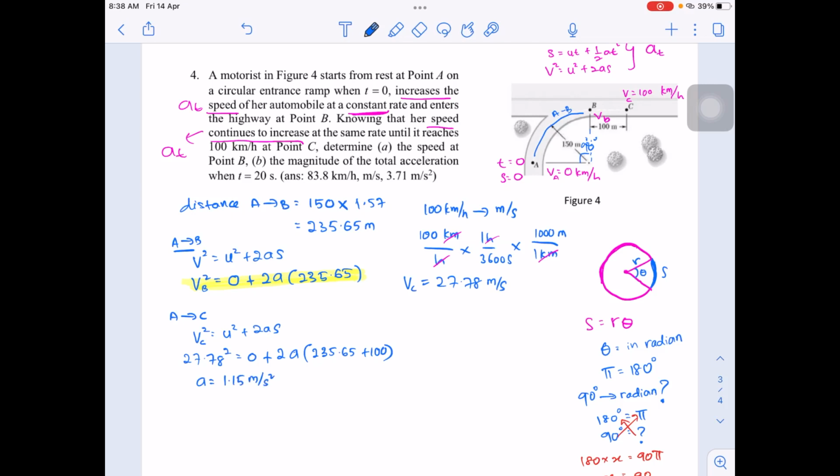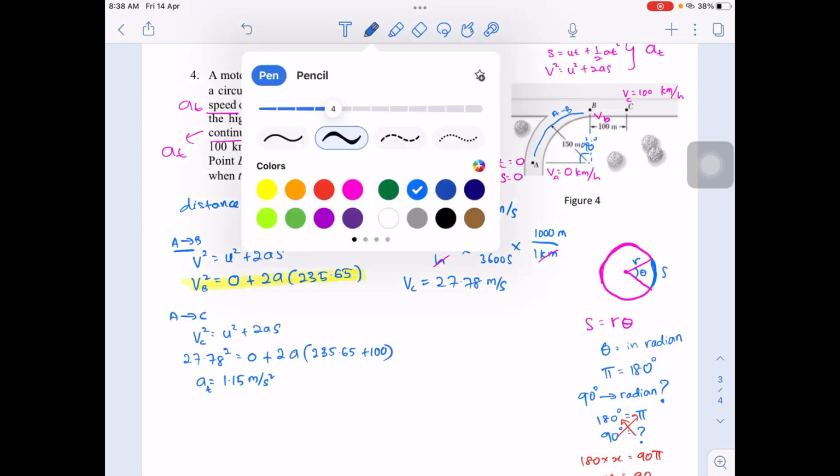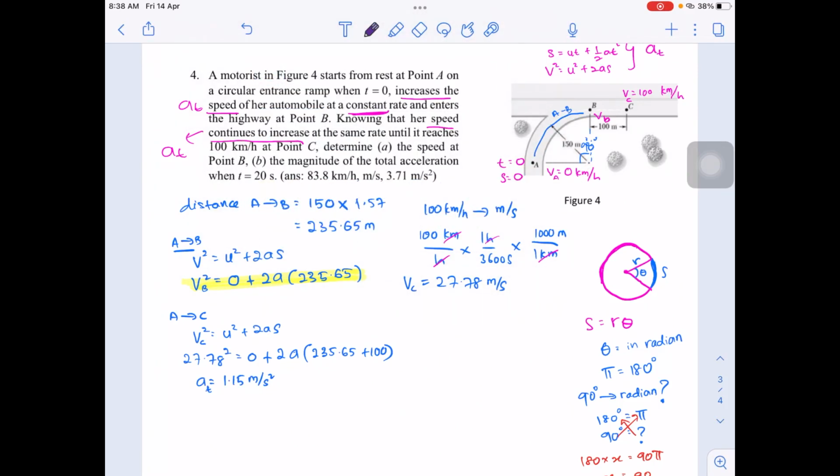So this is your A, tangential acceleration. Acceleration is same, from A to B or B to C, or from A to C, sama. Dia beritahu kat soalan: her speed continues to increase at the same rate. So we can use this A for our previous KIV equation.